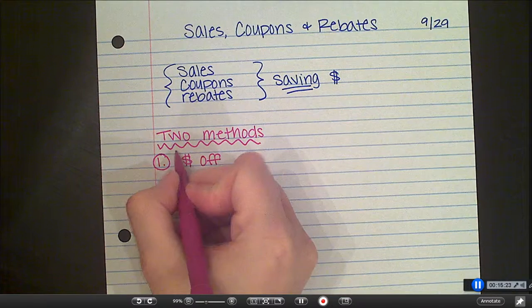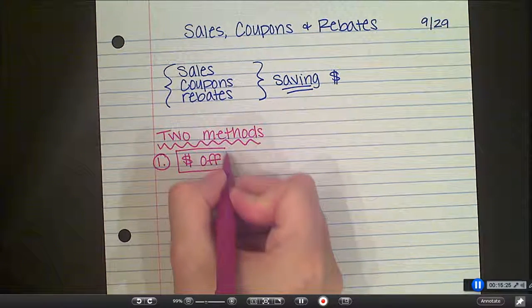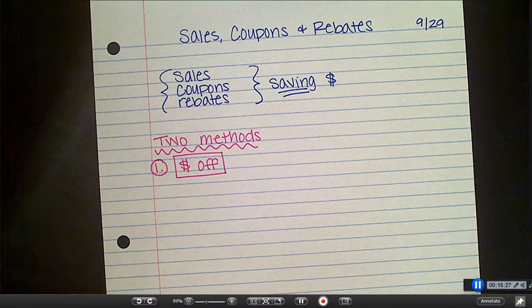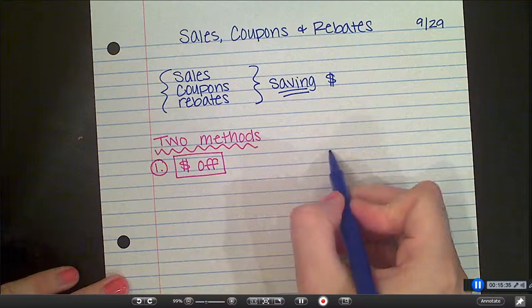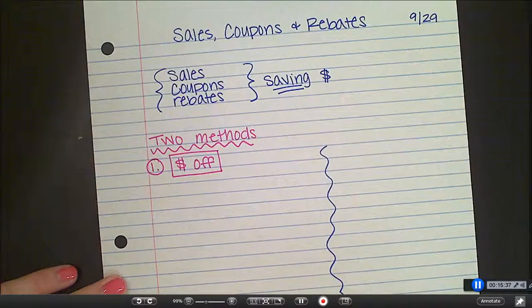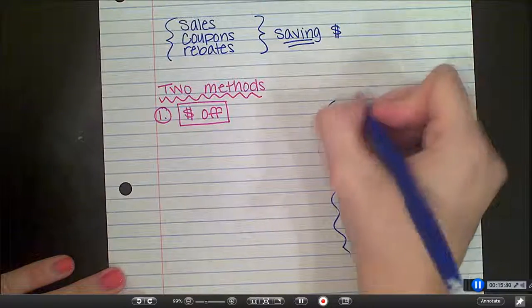Okay, so this is our first way of saving money with sales, coupons, and rebates, and that's dollars off. So if you'll go ahead and put a little squiggly line here, and we're going to do an example.